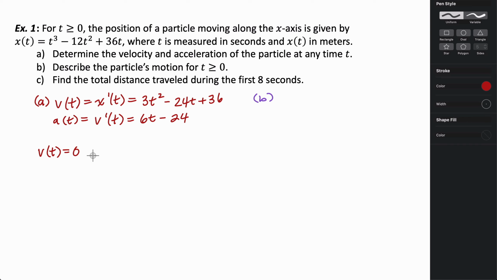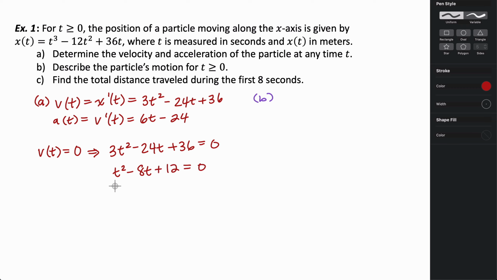So we want to know where v of t is equal to 0, and that happens when this function here is 0, so 3t squared minus 24t plus 36 is equal to 0. All of these are divisible by 3, so I'm going to divide everything by 3. And then probably going to end up having to factor this.